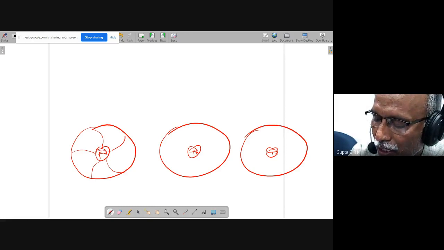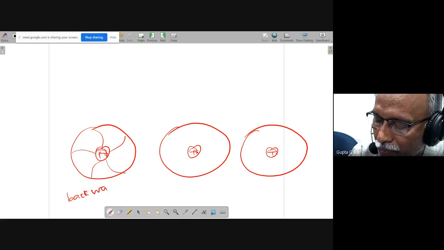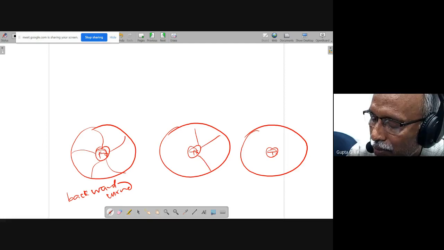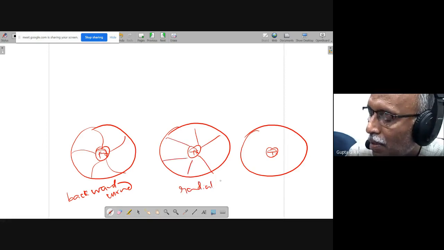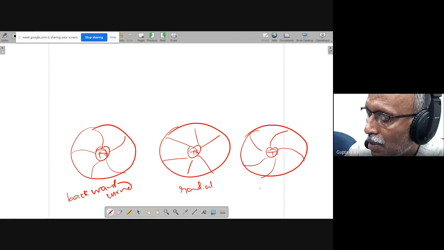So it is rotating in the clockwise direction, and the blades are bent in the opposite direction. That's why it is called backward curved. This can be radial. And this can be bent in the direction of rotation. So this is forward curved.